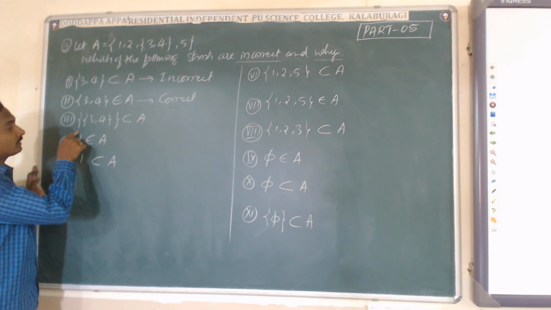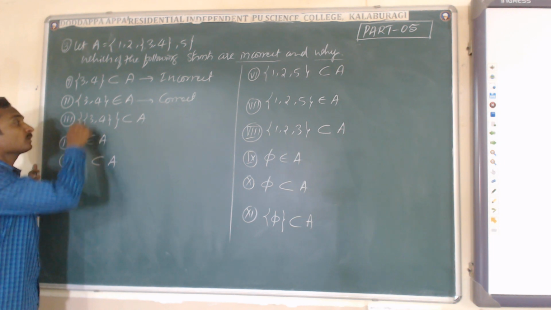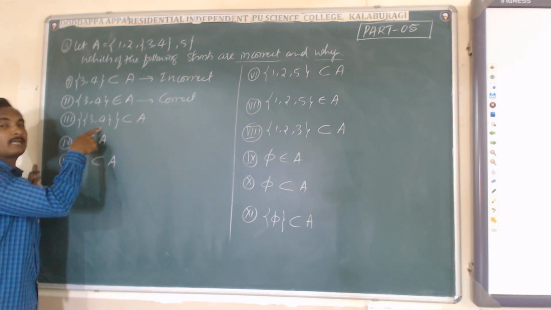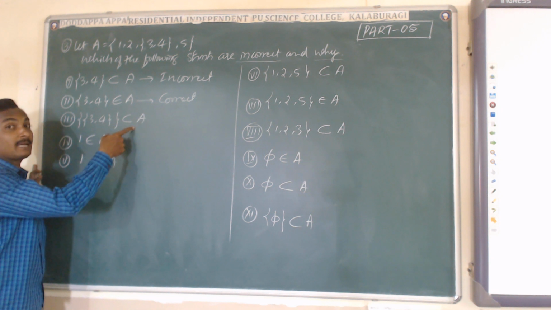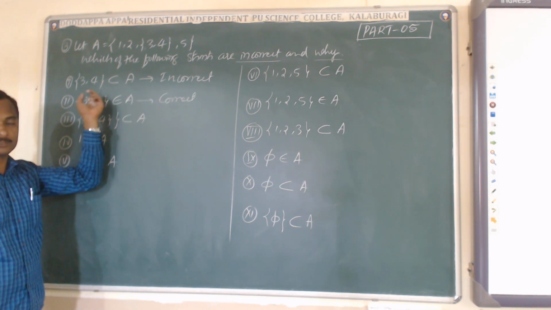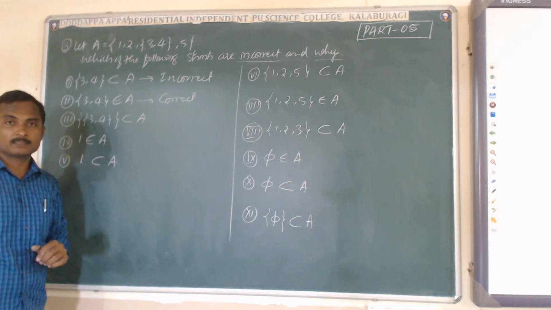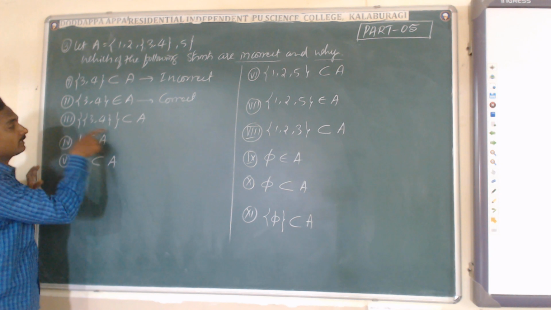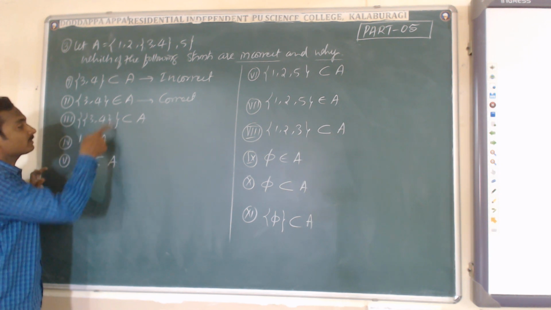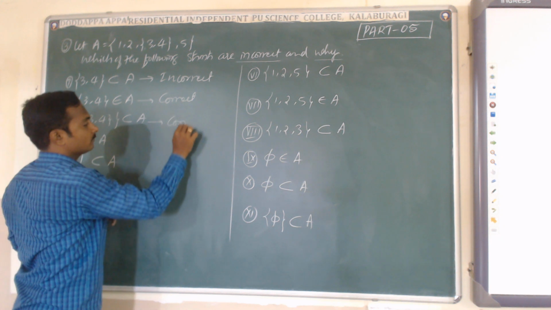The set which contains the set 3, 4. As I told you in the first example, if the same thing is written in the set, then the subset symbol works here. The set which contains the element in the set 3, 4, this is correct.